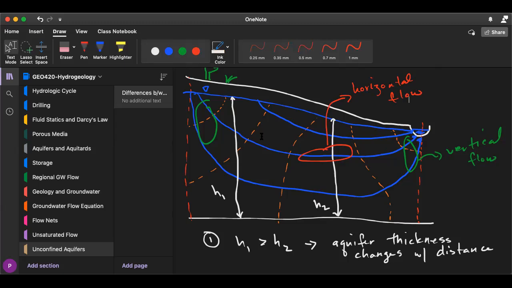So my flow in an unconfined aquifer is usually vertical at the recharge areas. It's usually vertical at the groundwater divides. Let's put it that way. And for all of my flow paths, except for right in the middle, I've got some component of vertical flow. Like this flow path, if I were to take this one and split it into its components, I'm going to keep my colors the same.